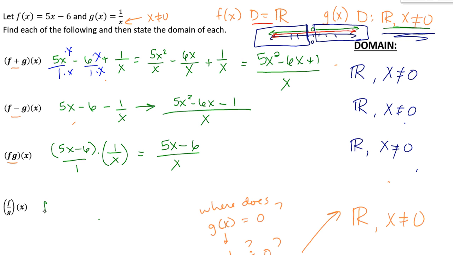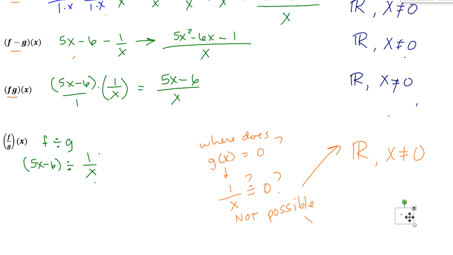Anytime I divide by fractions, I write them out the long way. So f was 5x minus 6 divided by 1 over x. Now the rule for dividing fractions is that you multiply by the reciprocal. So this is going to be x times 5x minus 6 or 5x squared minus 6x.